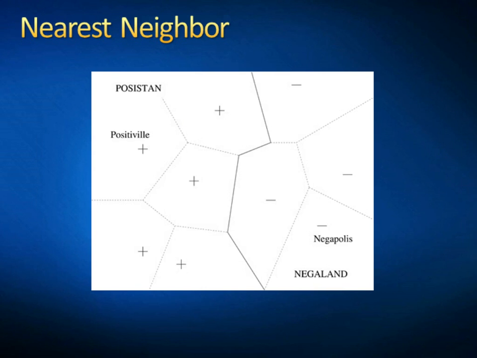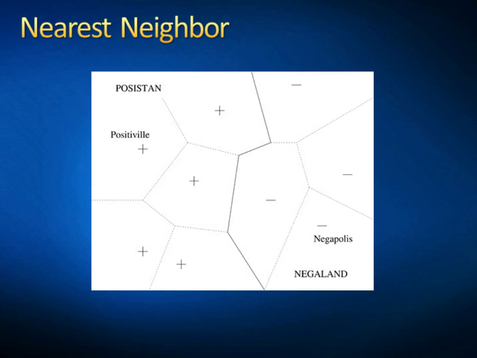So how does learning by analogy work? Well, let me explain this by posing a very simple puzzle. Let's suppose I give you a map of two countries, which I'm calling Pozistan and Negaland, and I just tell you where the main cities are. The main cities in Pozistan are the plus signs here, and the main cities in Negaland are the minus signs.